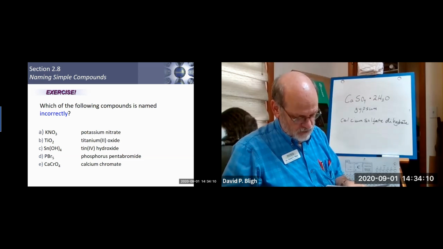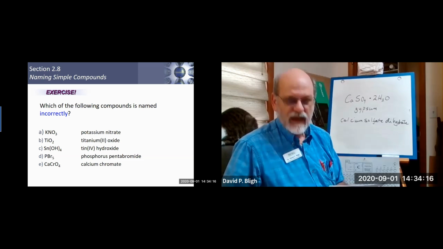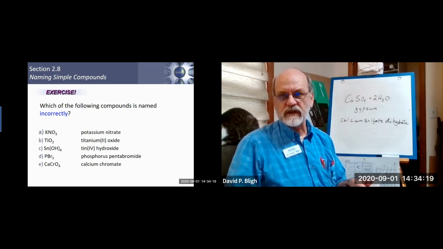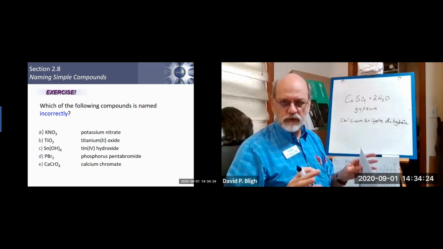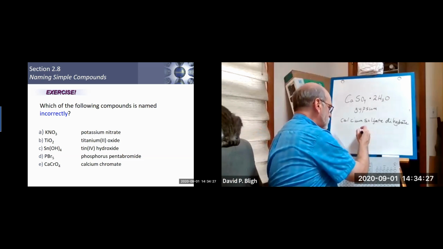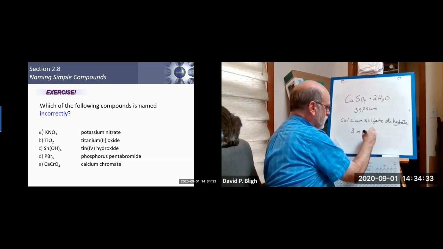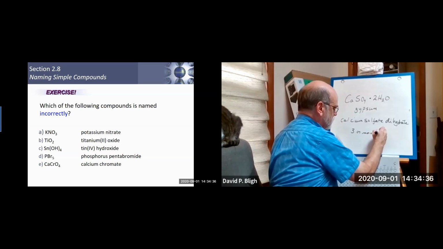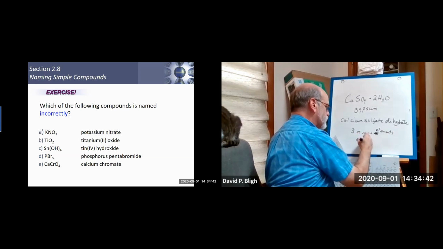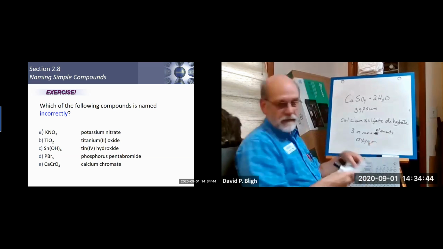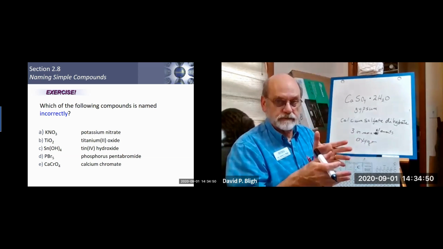Let's see if I missed any others. How do you recognize a polyatomic ion when you see it in a compound? Well, there are clues. These are not hard and fast, but there are clues. Most of them, if you have 3 or more elements, and one of them is oxygen, then you probably have a polyatomic and you need to get out your list and look to see if it's there.